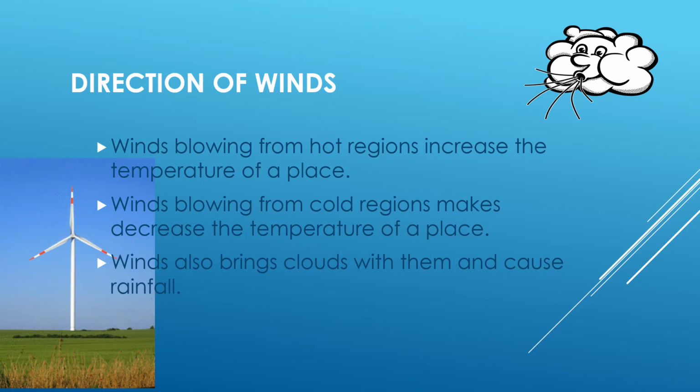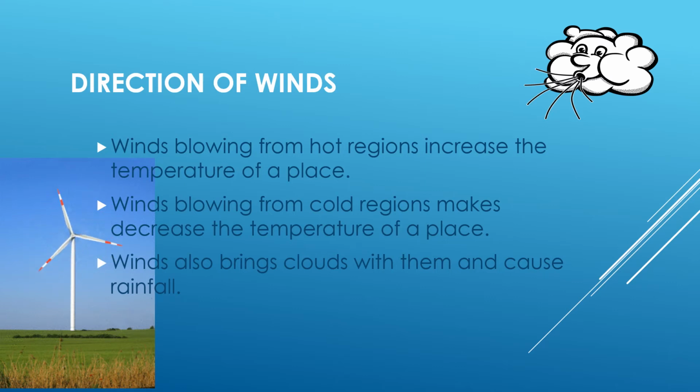Now let us understand the role of the direction of winds with an example. Delhi is very hot in summer. Why? Because the dry hot winds coming from Rajasthan make Delhi hot.